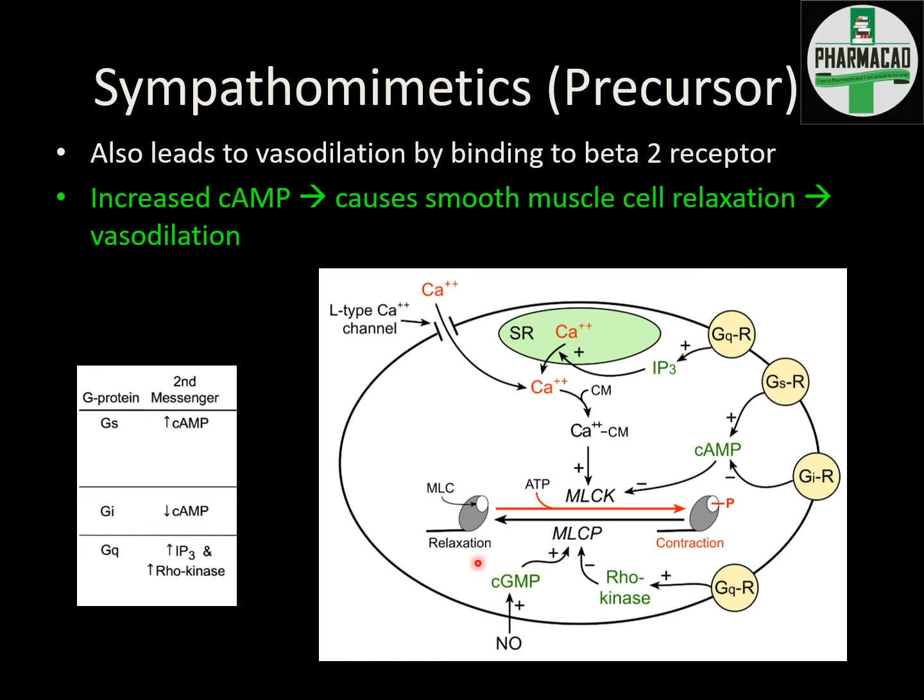So the key point is increased cAMP level in smooth muscle cell is causing relaxation, unlike cardiac myocyte. In cardiac myocyte, increased cAMP was activating protein kinase enzyme, and that's how it was increasing cardiac contraction. But inside the smooth muscle cell, it is causing relaxation, and that's why vasodilation is happening.